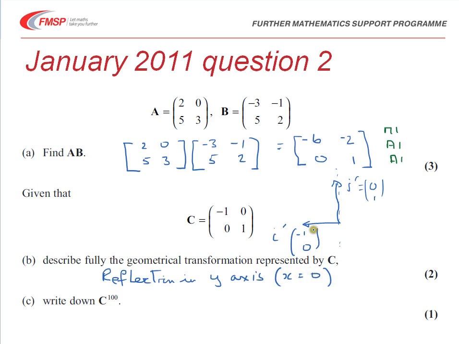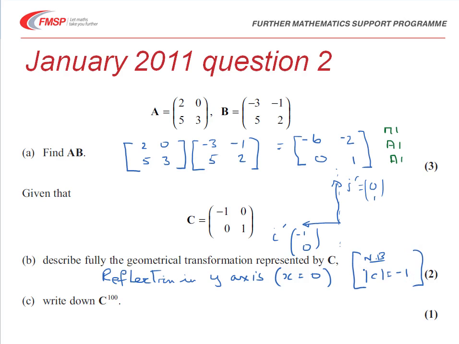Remember what I said about the determinant. It's worth checking that this is definitely a reflection. If you look at det C, just a note here, it's not part of what you're asked to do, but the determinant of C is equal to -1, and that indeed tells you that this is going to be a reflection.